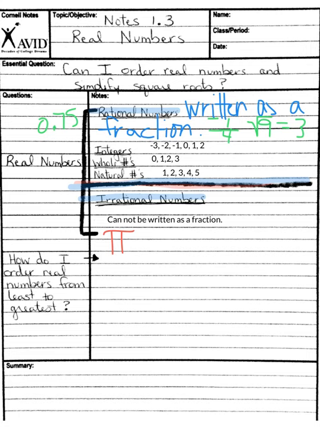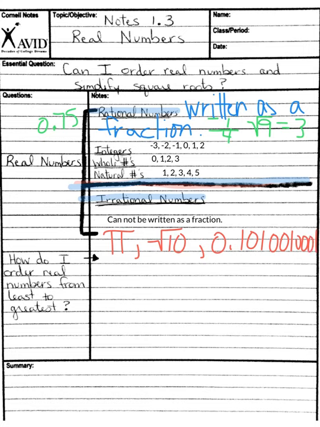We know that if we were to do the square root of 10 in our calculator, it goes on forever and does not repeat. You cannot write it as a fraction. And to give you another example, this would also be an irrational number because we cannot write it as a fraction.